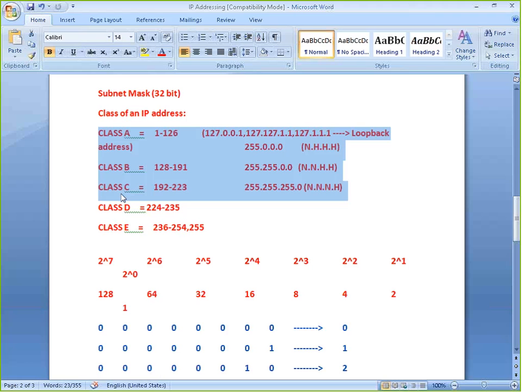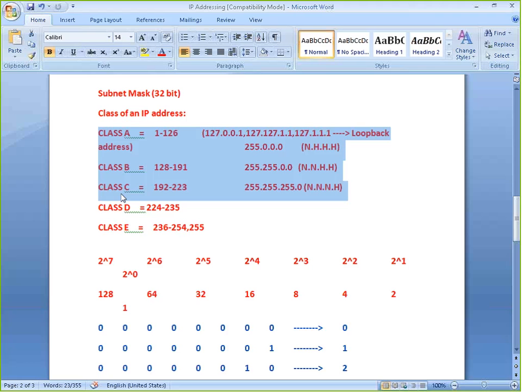Like in the earlier sessions we had discussed multicast communication, right? Multicast communication is one to a group. So if you want to have that kind of communication, the IP address that is used is typically class D. And then we have class E, which is used for research purposes. That is typically reserved and used by the military, or for research purposes.